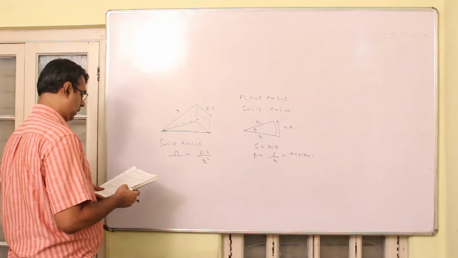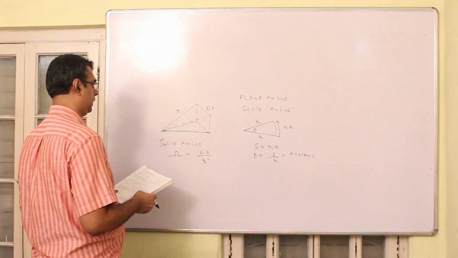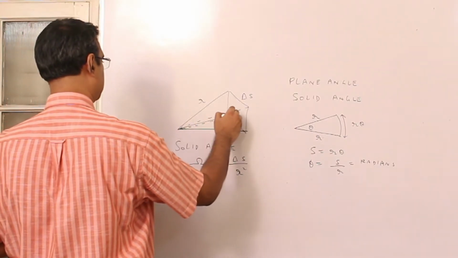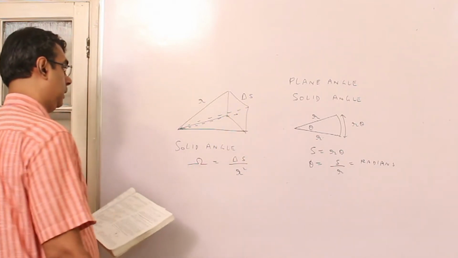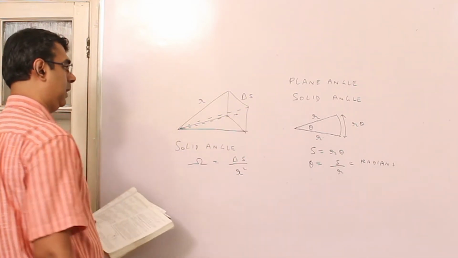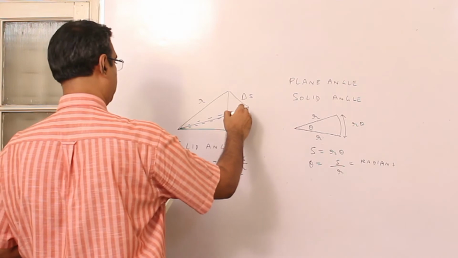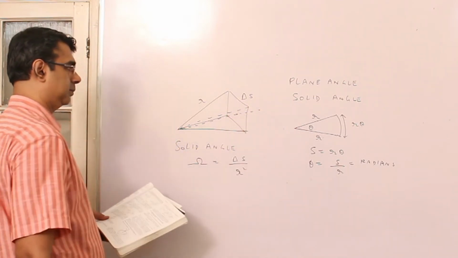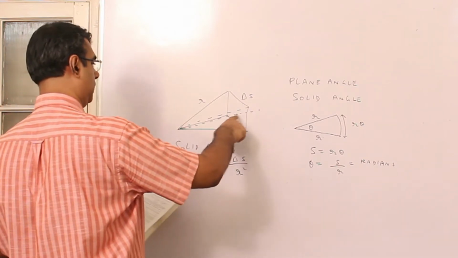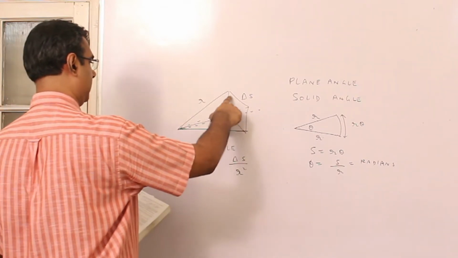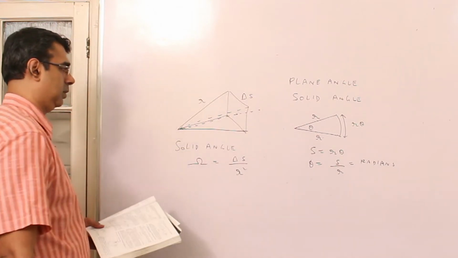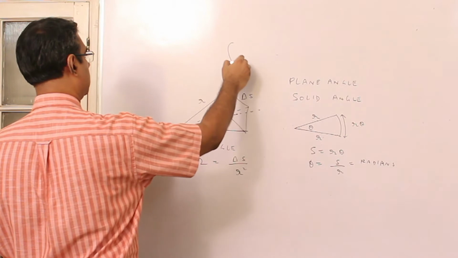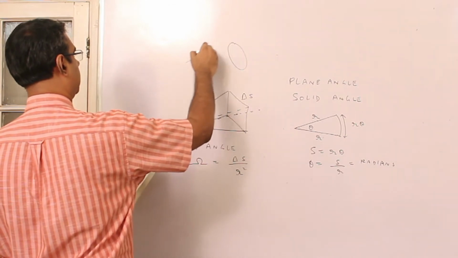Now when we understand solid angle, we need to understand that the line joining the point to the center of the plane area may or may not be along the area vector. In this particular diagram, the line joining the point to the center of this area is along the area vector. But it may not be the case. Suppose you have a diagram like this.